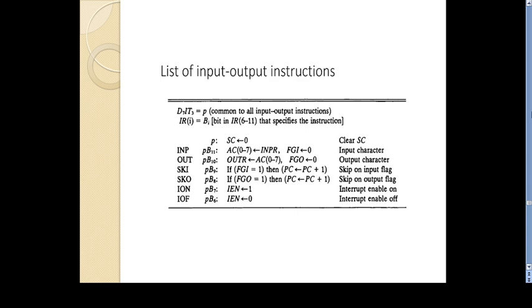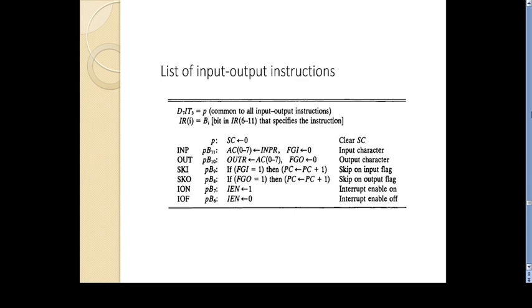The next instructions are ION and IOF, which work when the interrupt is turned on or off. Basically these instructions set and clear the interrupt enable flip-flop IEN. The purpose of IEN is explained, that is, it is basically an interrupt operation.